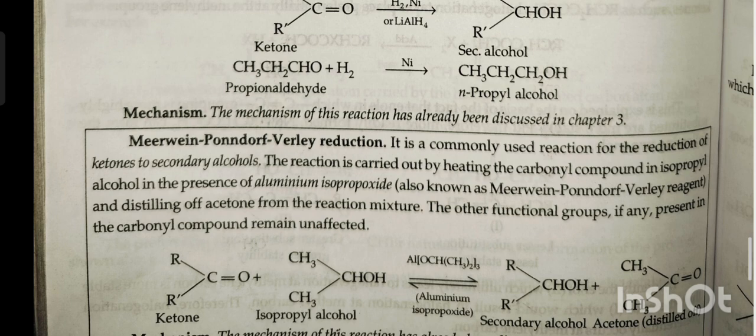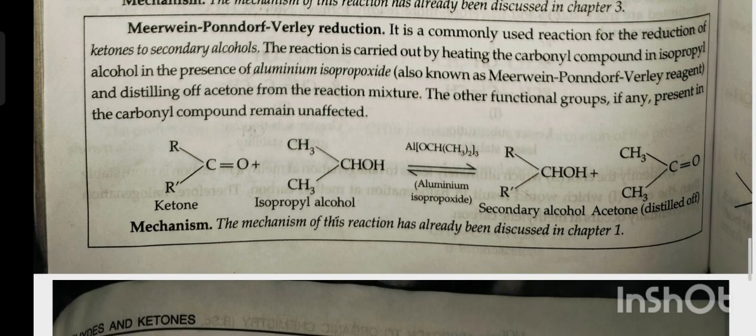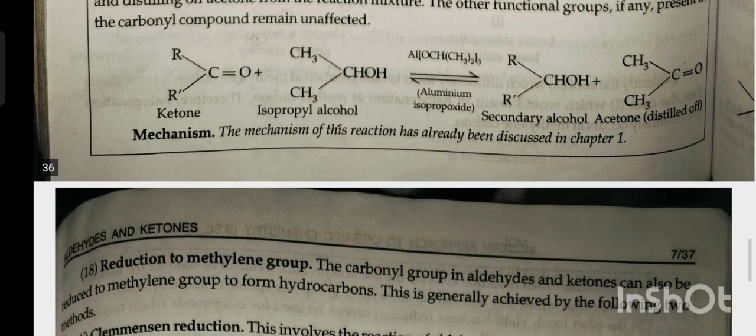The other functional groups, if any, present with the carbonyl group remain unaffected. Ketone plus isopropyl alcohol in the presence of aluminium isopropoxide gives secondary alcohol plus acetone. Mechanism. The mechanism of this reaction has already been discussed in chapter 1.